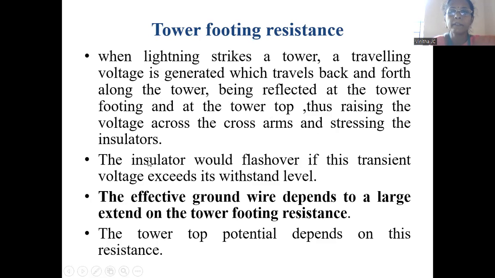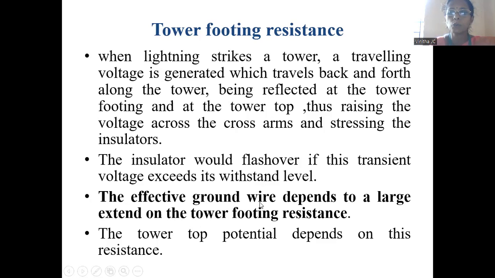So whenever the voltage travels along the transmission line, it may increase the voltage level, and the increase in voltage may affect the insulator. The insulator would flash over if the transient voltage exceeds its withstand level.